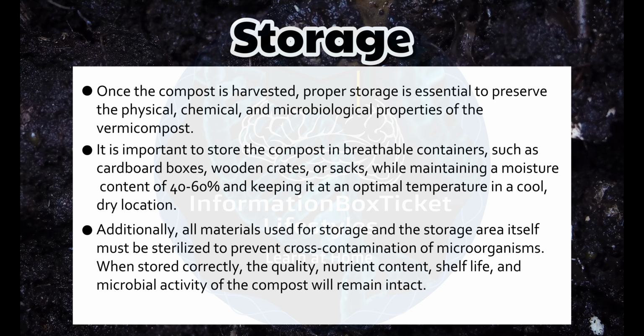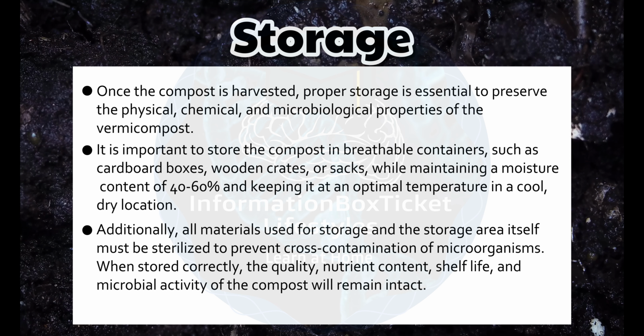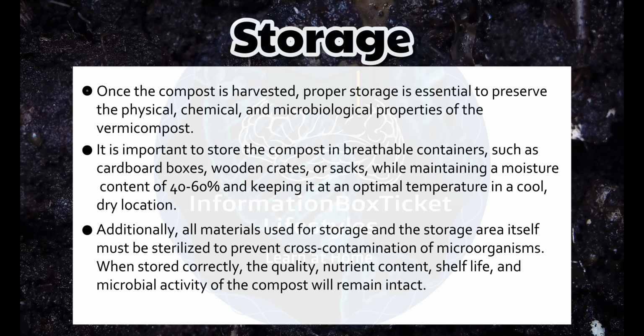Additionally, all materials used for storage and the storage area itself must be sterilized to prevent cross-contamination of microorganisms. When stored correctly, the quality, nutrient content, shelf life, and microbial activity of the compost will remain intact.